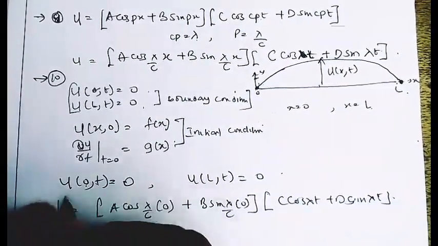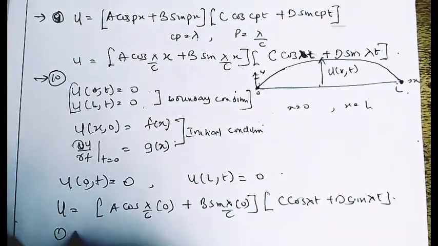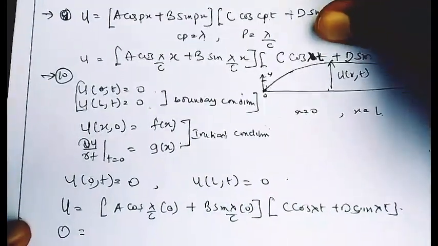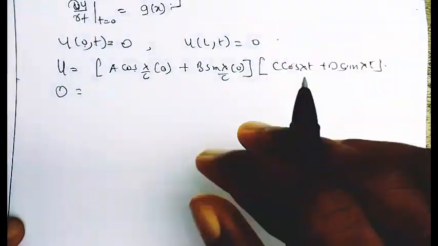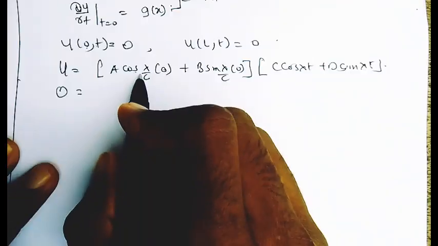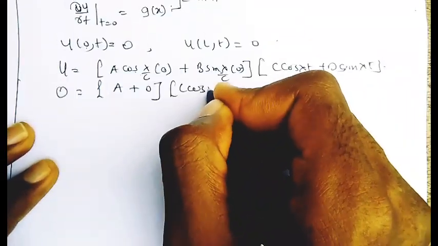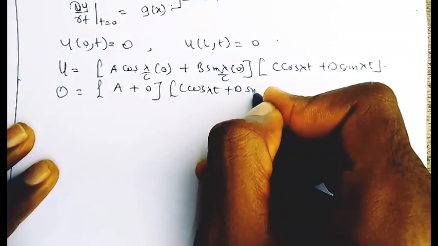Remember I said when x equals 0, u is equal to 0. Now 0 times this is 0, so cos 0 is 1, so we have a here. And 0 times this is 0, sin 0 is 0, so b times 0 is 0. And this is c cos lambda t plus d sin lambda t.